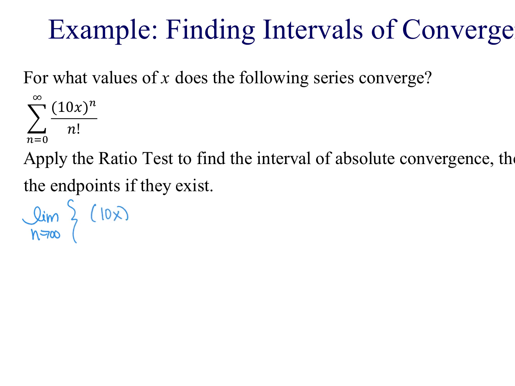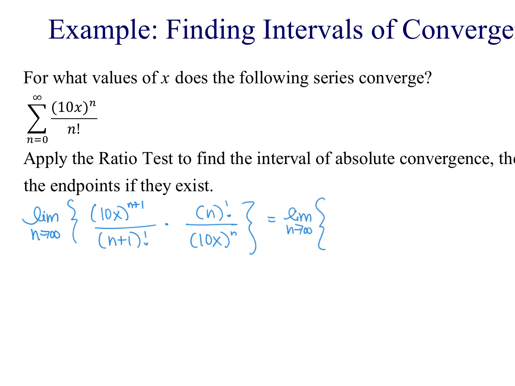Parentheses, 10x to the n plus 1 over parentheses n plus 1 factorial multiplied by n factorial and 10x to the n. And let's take a look at what that simplifies to be.